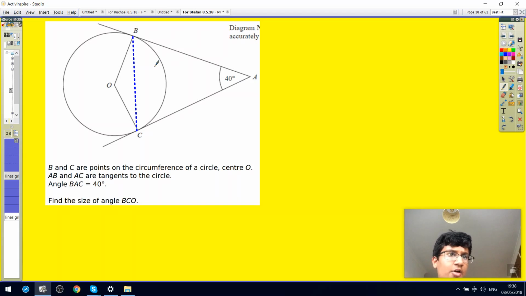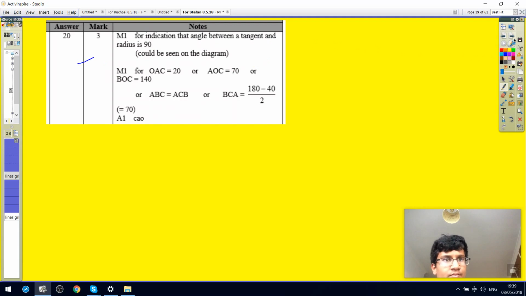Would angle OBC and OCB be the same because they're two radii? Yep. So then we'd know that angle OCB is, I think, 20 degrees. Yeah, that's it. So this one here is 140, and so these must be 20 each. Okay, that's 20.